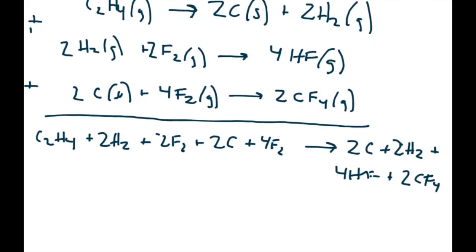So you'll see we have 2 F2s, 4 F2s. So we can rewrite that to get 6 F2.